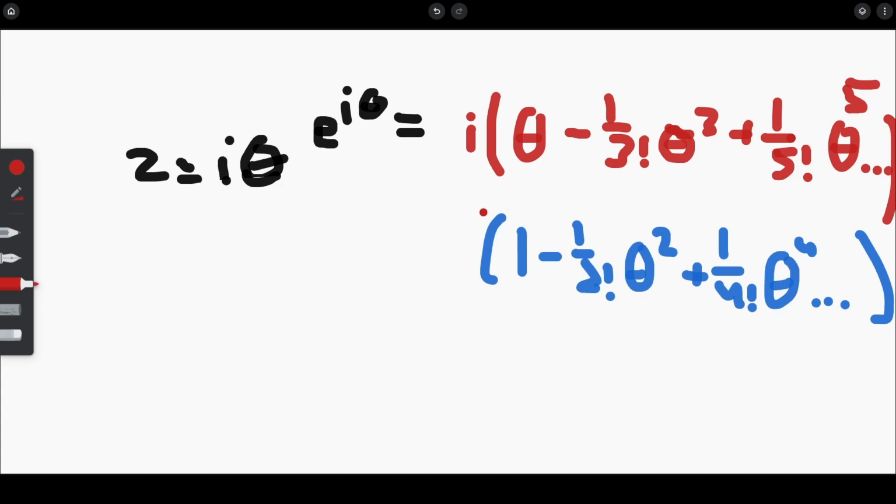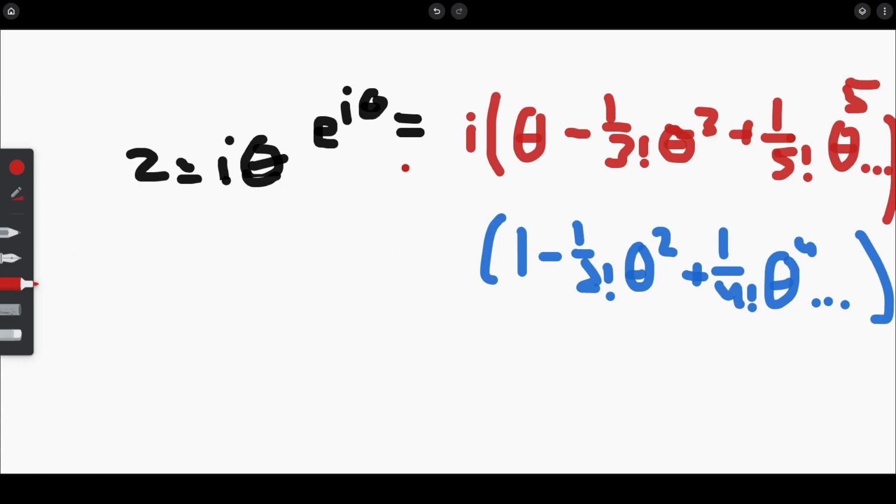And if I leave all the values of this series in which i multiplies itself out, it's 1 minus 1 over 2 factorial times theta squared plus 1 over 4 factorial times theta to the fourth, and so on and so forth.